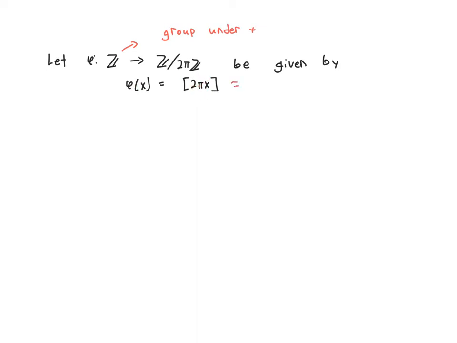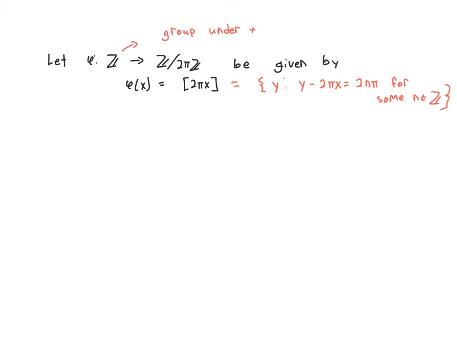Now remember, this is an equivalence class, so it's all things of the form y, where y minus 2 pi x is equal to an integer times 2 pi. In other words, all angles that are coterminal with 2 pi x.